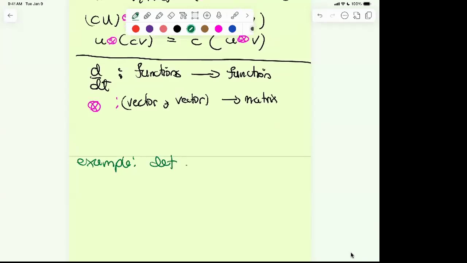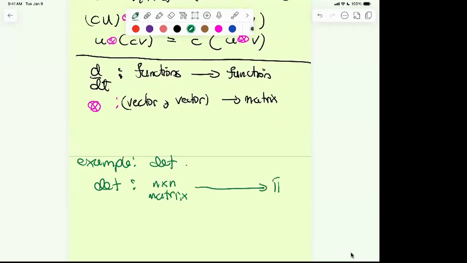There are a couple of ways to think about a determinant. If you think of the determinant as something that eats a matrix, an n by n matrix, the determinant is a number.